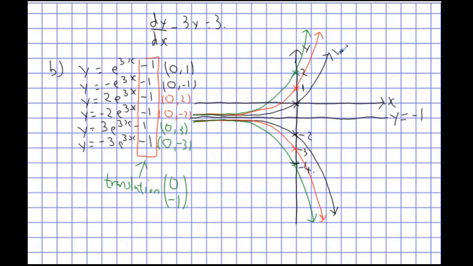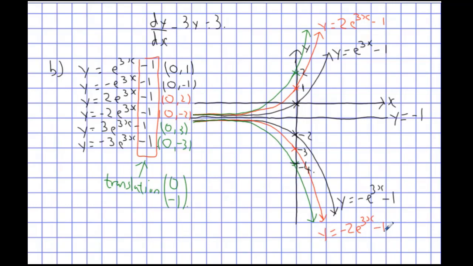So this black line is y equals e to the 3x - 1. We have the other black line, which is y equals minus e to the 3x - 1. For the red lines, we have y equals 2e to the 3x - 1 and y equals -2e to the 3x - 1.